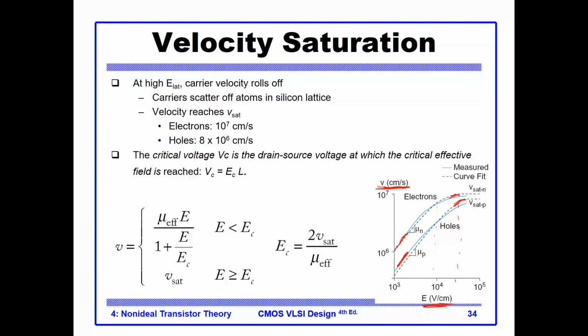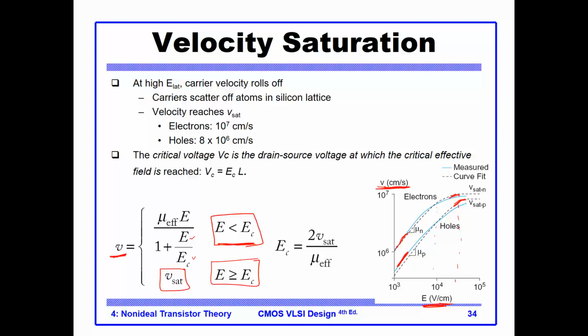We can estimate the velocity of the carrier, for electrons or holes, as mu effective times the electrical field divided by the electrical field divided by the critical electrical field plus 1. This applies as long as the field is less than the critical electrical field. Above the critical electrical field, the velocity saturates and we get V Sat.